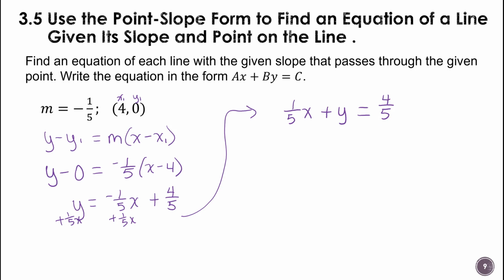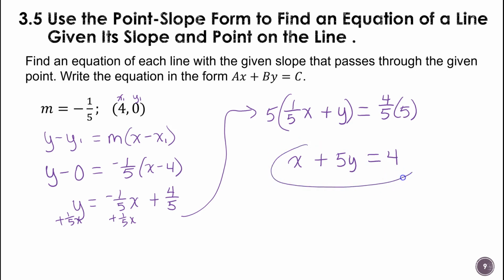The x this time, the coefficient is positive. So multiply everything times 5, both sides of the equation. And that's going to give me x plus 5y equals 4. And so we have written another equation of a line, and that's it on that one. I'm going to stop this video and pick up on the next slide.